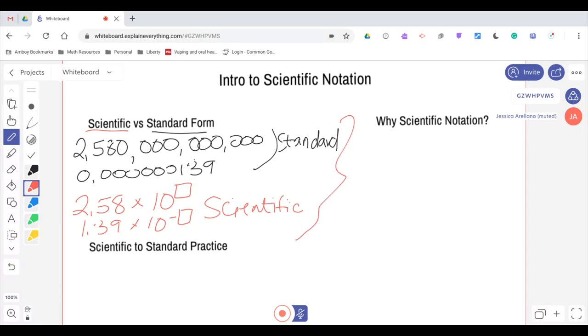Okay. So you might be asking, well, what's the point? I can just write out the number. Why would I bother having scientific notation? Well, first off, this is for very large numbers that take up a lot of space.